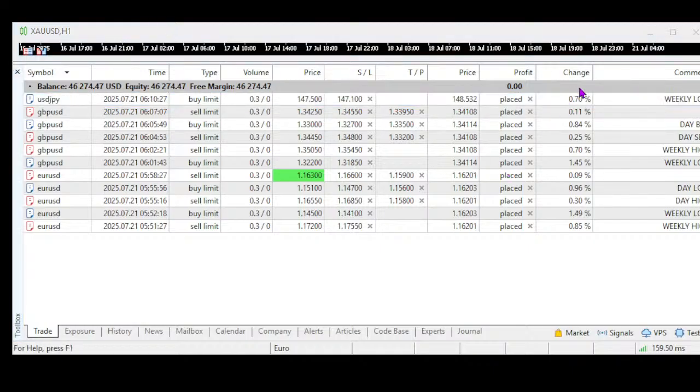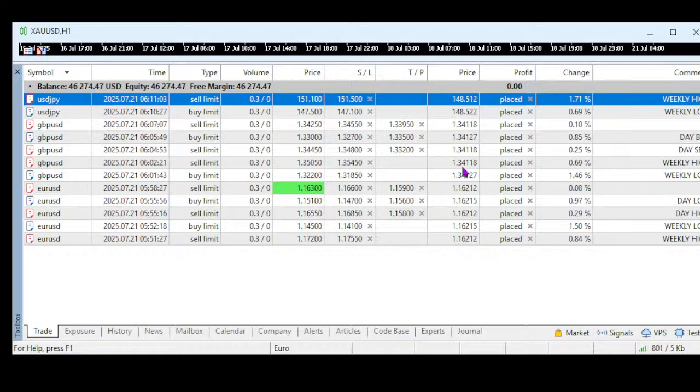Then we are going for a weekly sell or weekly high, whichever you want to call it. So we'll go for 151.10, the 20 was the high, remember? We'll go for 151.10 and put a stop about 40 pips away, and this is a weekly high. So we have two orders on the weekly.